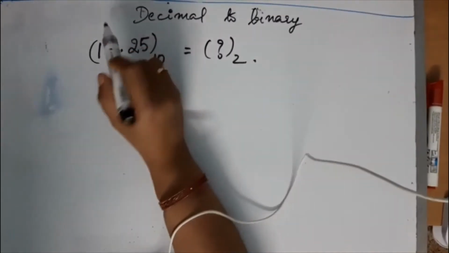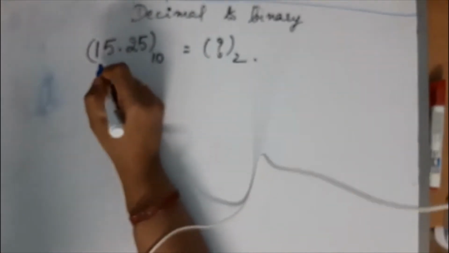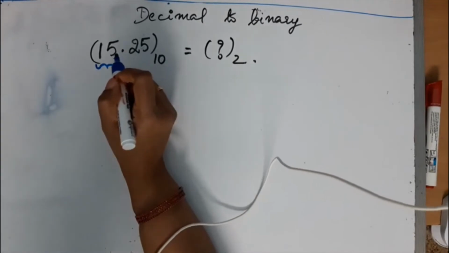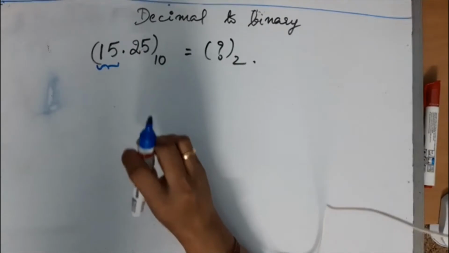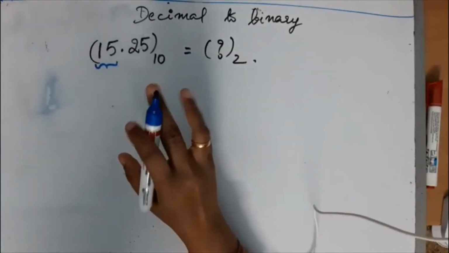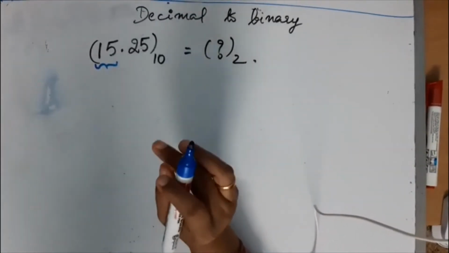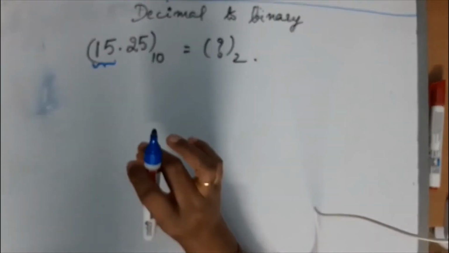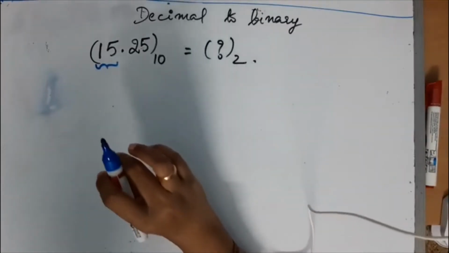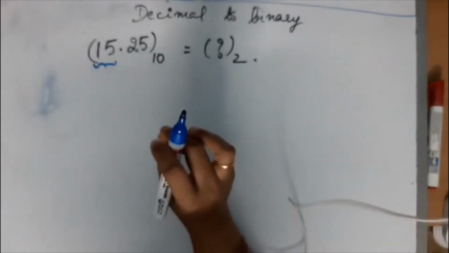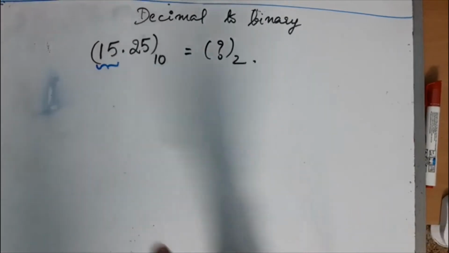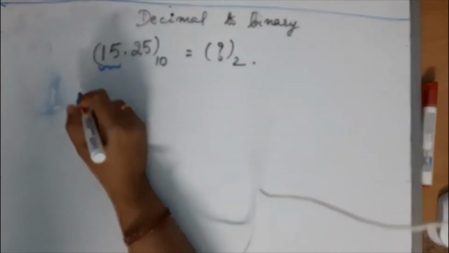So in order to do this, we have to do it in two different ways. 15 you know how to do, divide continuously with 2 until the final quotient is a number or digit which belongs to that particular system. So 15 we can very easily write.